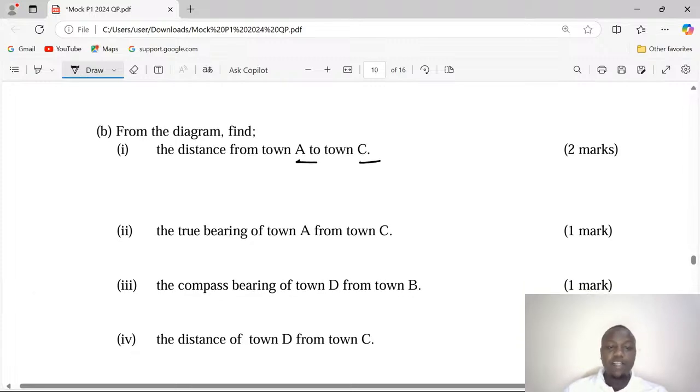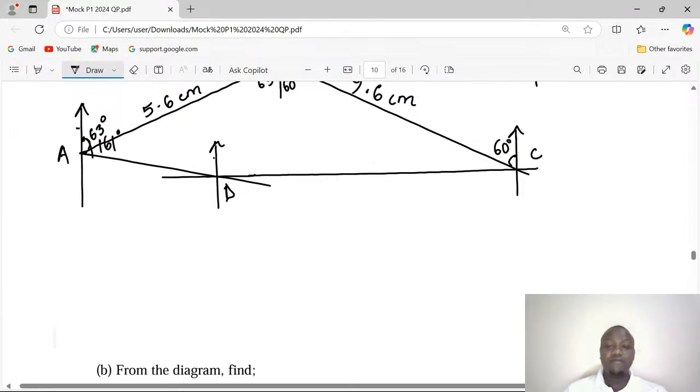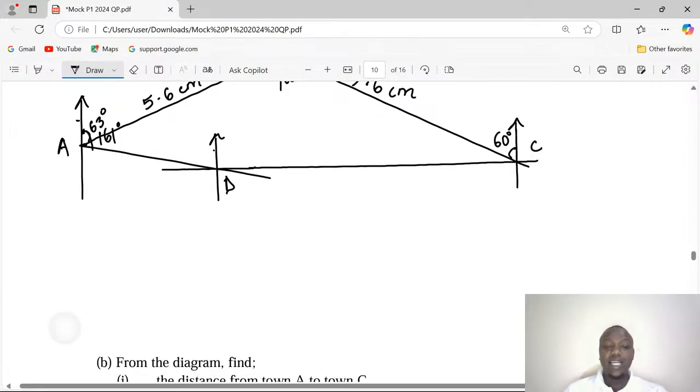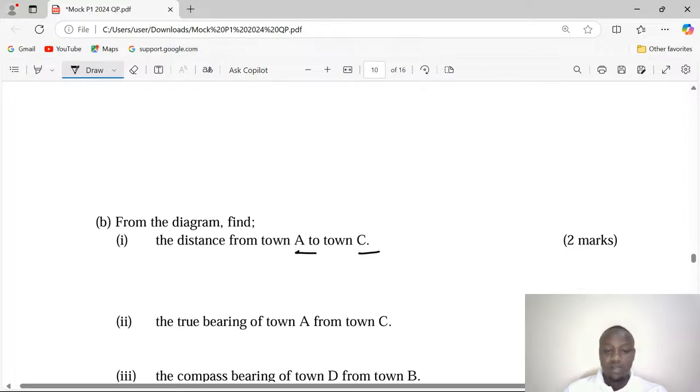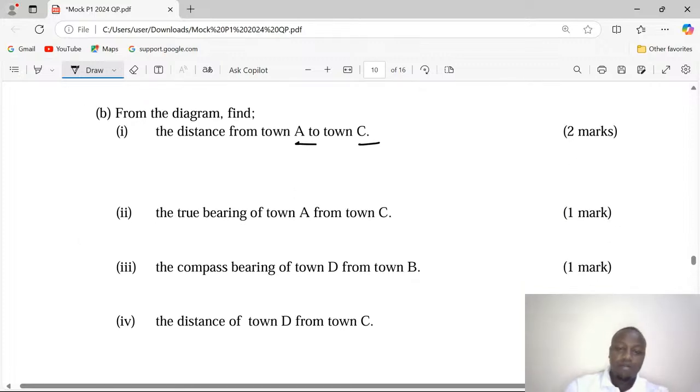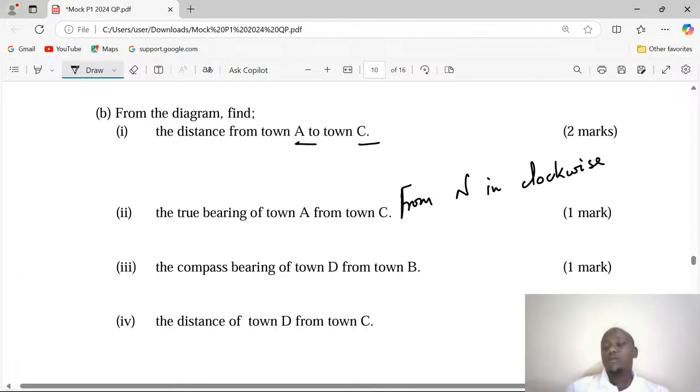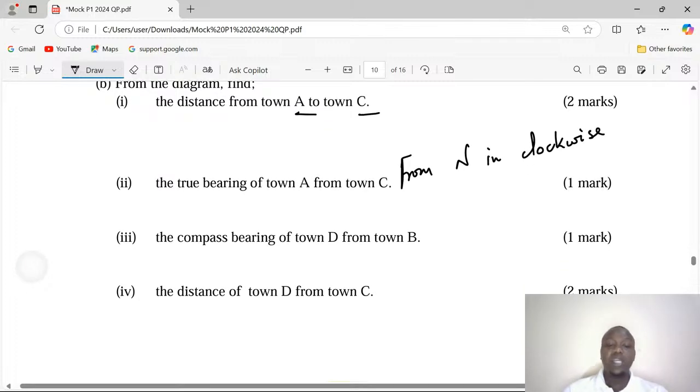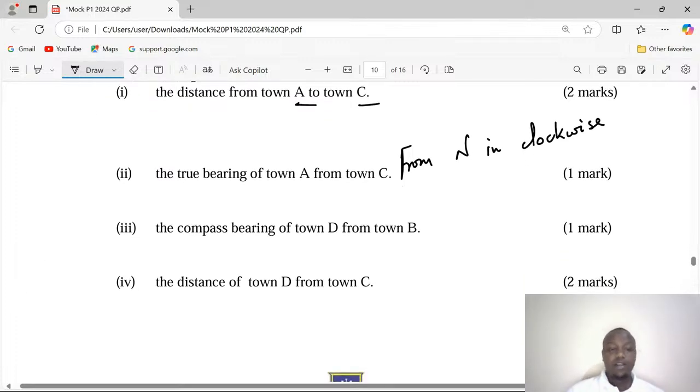Roman 2, the true bearing of town A from C. You connect A and C and you measure the angle strictly from the north, in the clockwise direction. That is what we mean by true bearing.